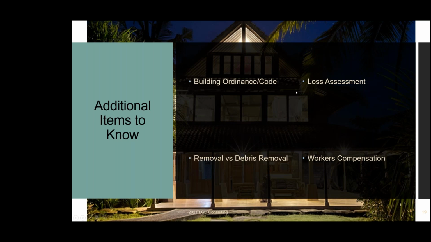All right. Loss assessment. If there is a townhome association, condo association, or homeowners association, you live in an area where you pay dues to the association, and everyone pays dues into their own account.